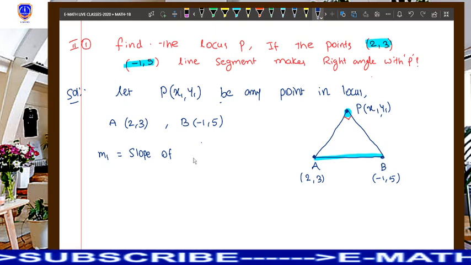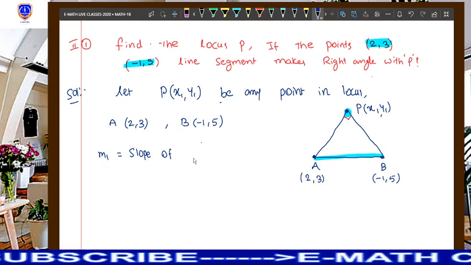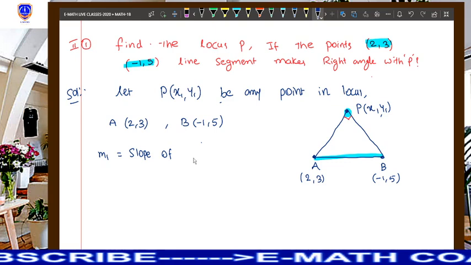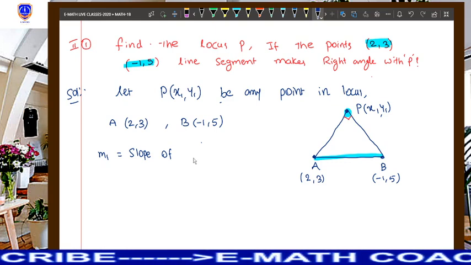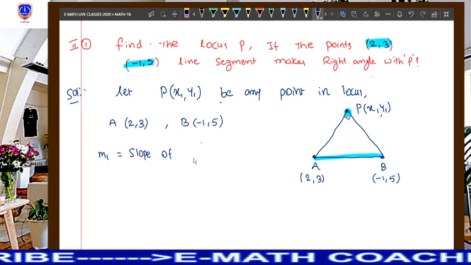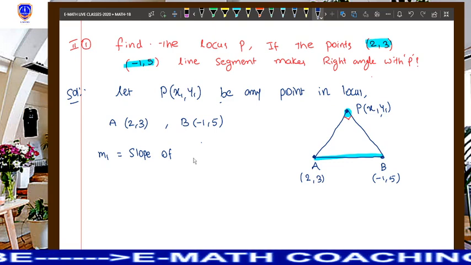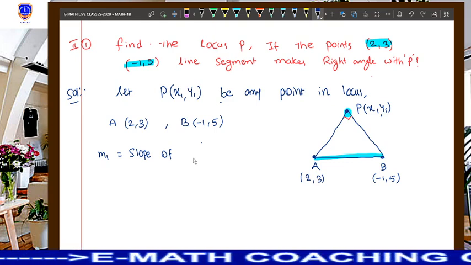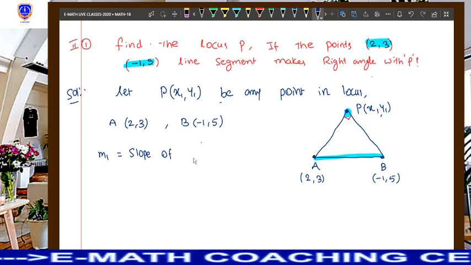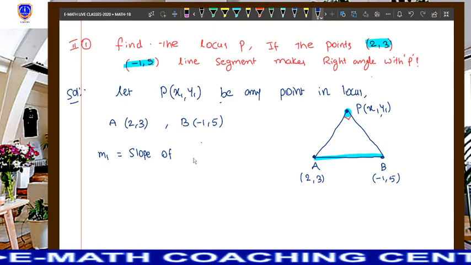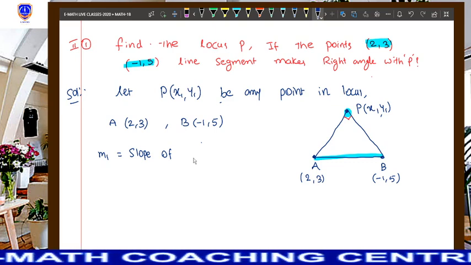That is slope of PA and slope of PB. Since these two lines are perpendicular at P, the product of the slopes is -1. That is the formula I am using to find the locus in this question. Fine.